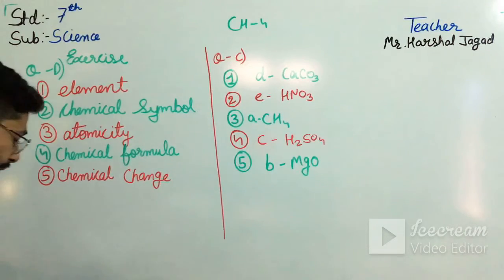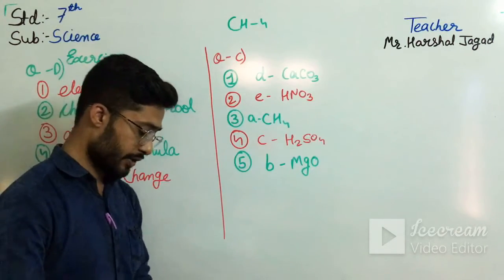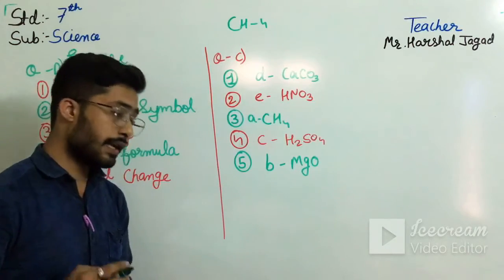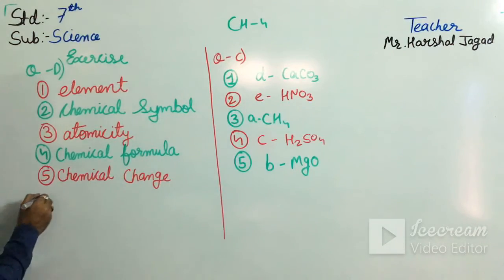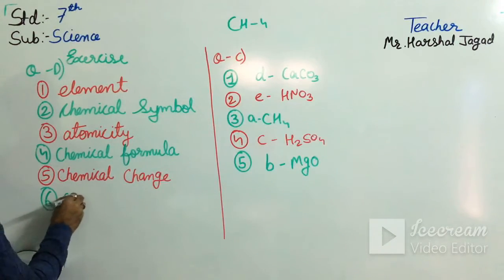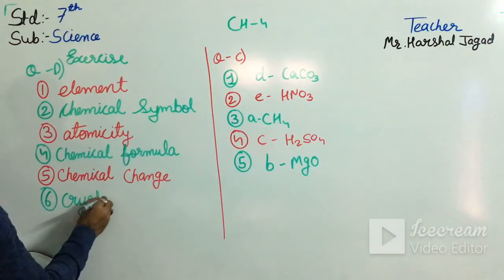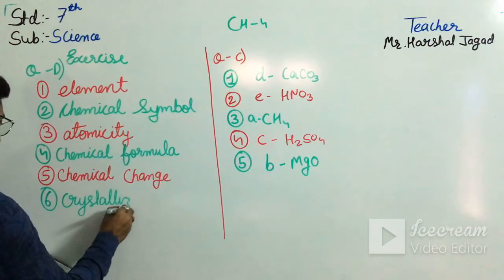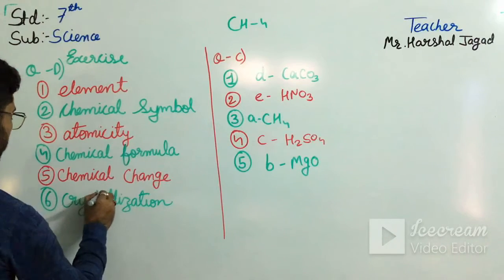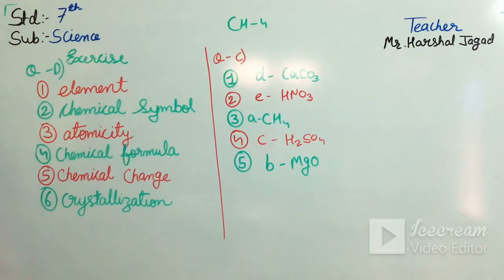Sixth one, the process by which a compound is converted into its crystal, that is known as crystallization. Sixth one, that is crystallization. Okay, so here are the answers of question number A, B, C and D I have written. Please note down this.